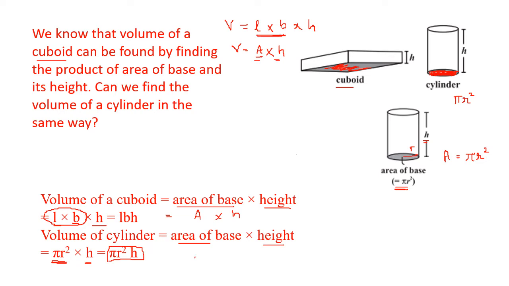So volume of the cylinder has the formula pi r square h, where r is the radius of the base and h is the height. Remember, r is the radius of the base and h is the height of the cylinder.